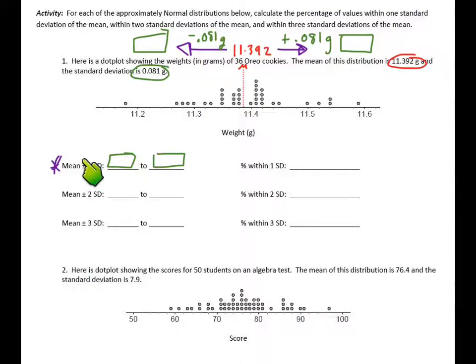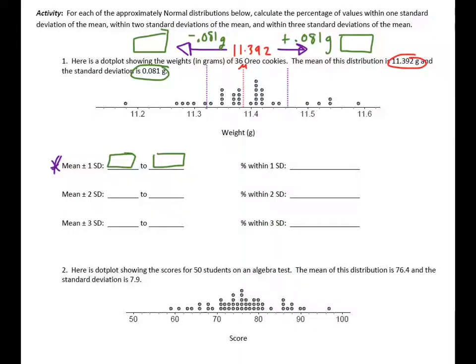And then for each one of these, between 1, 2, and 3 standard deviations, hopefully you know what plus minus means, right? That means look to the right, look to the left, what's contained in that. For each one of these, say what the percent of observations is within that. So let's just say, for example, I look 0.081 this way to the right, and I catch all these values, and I catch all these values.